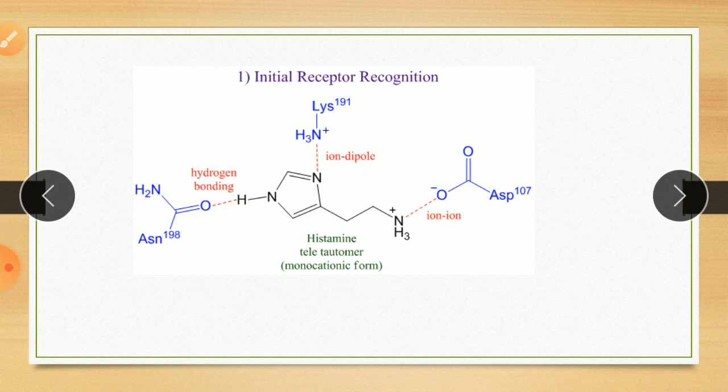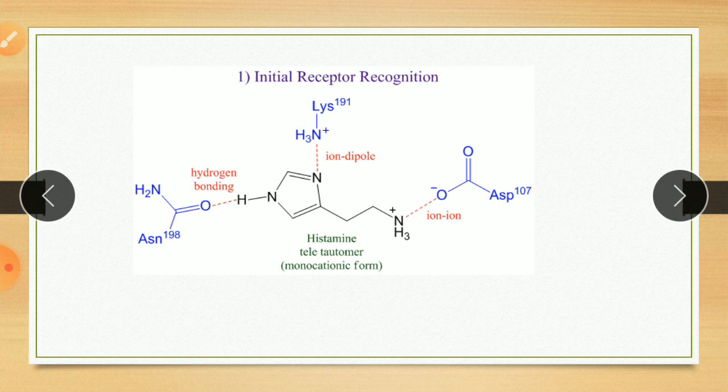Its third intracellular region consists of a short intracellular C-terminal of 17 amino acids and a large intracellular loop of 212 amino acids. So the H1 receptor is a GPCR. It contains 7 transmembrane domains called TM1, TM2, TM3, TM4, TM5, TM6 and TM7.